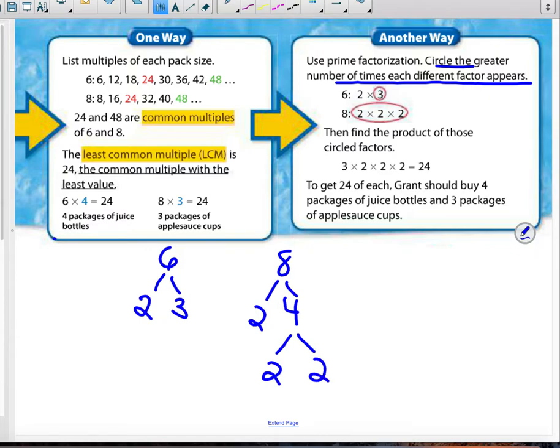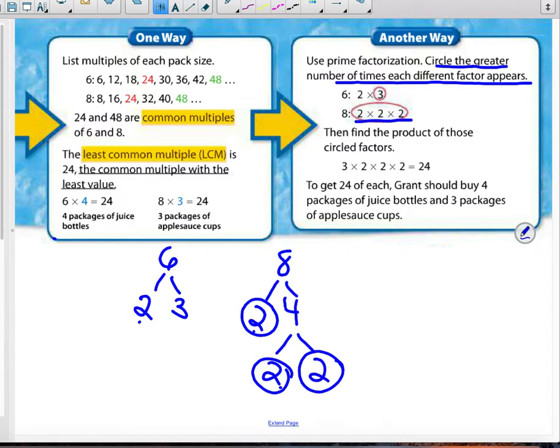Now we have the prime factorization. We circle the numbers with the greater number of times each different factor appears. We have a 2 here, but we have 2's over here also. We have 2 three times under 8, so we're going to use the 2's from 8. That's where we get our three 2's.